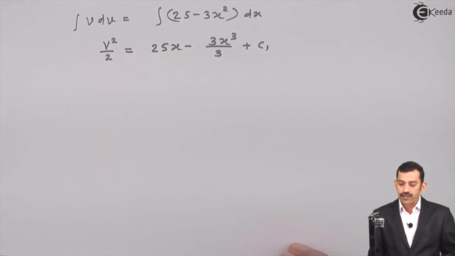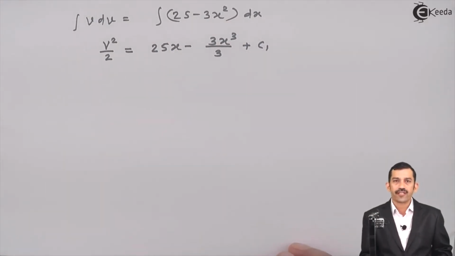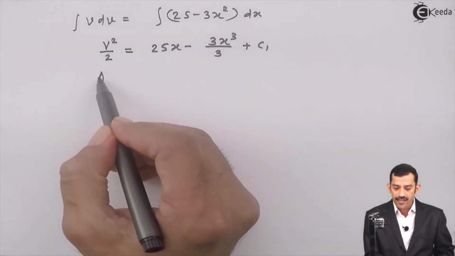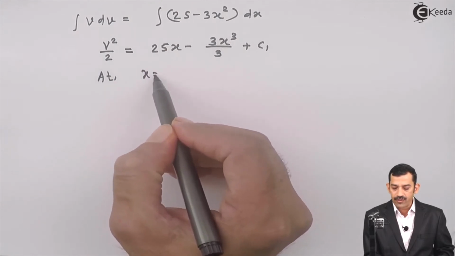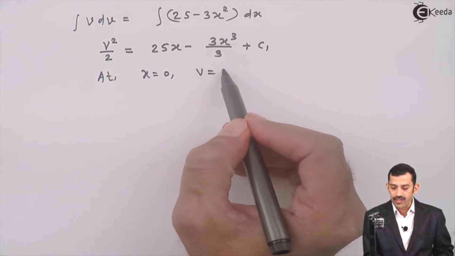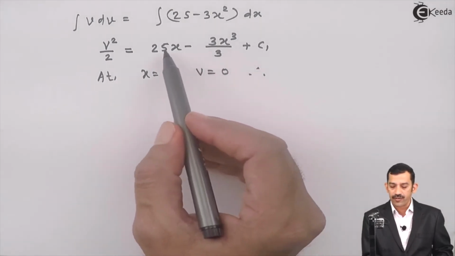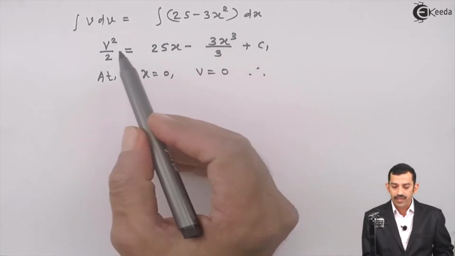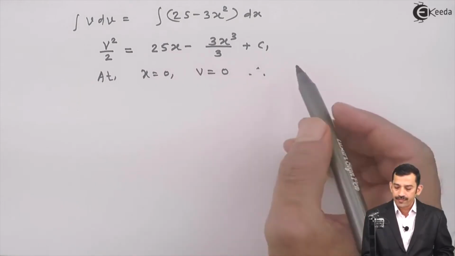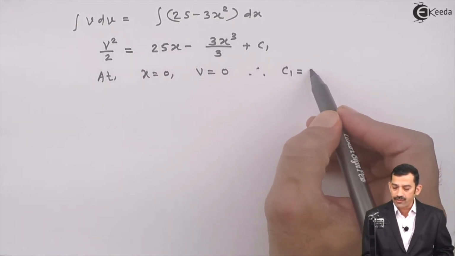To find the constant of integration, what condition is given in the problem? The particle starts with no initial velocity at position x = 0. That means at x = 0, v is 0. Therefore, if we substitute x as 0, the right side becomes 0, and v is 0, so the left hand side becomes 0. That means C1 = 0.